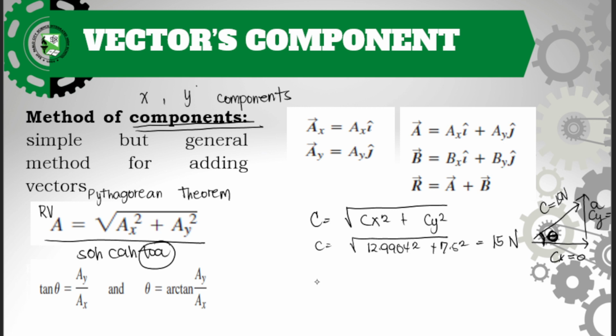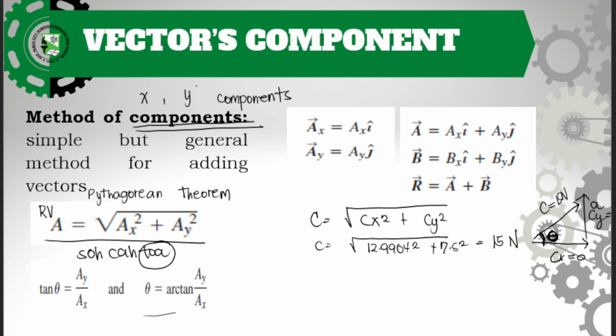So we could use TOA. In the TOA expression, tangent theta is equal to Ay over Ax, or since we're going to find theta, theta is equal to arctan of Ay over Ax, where Ay is the adjacent and Ax is the opposite.